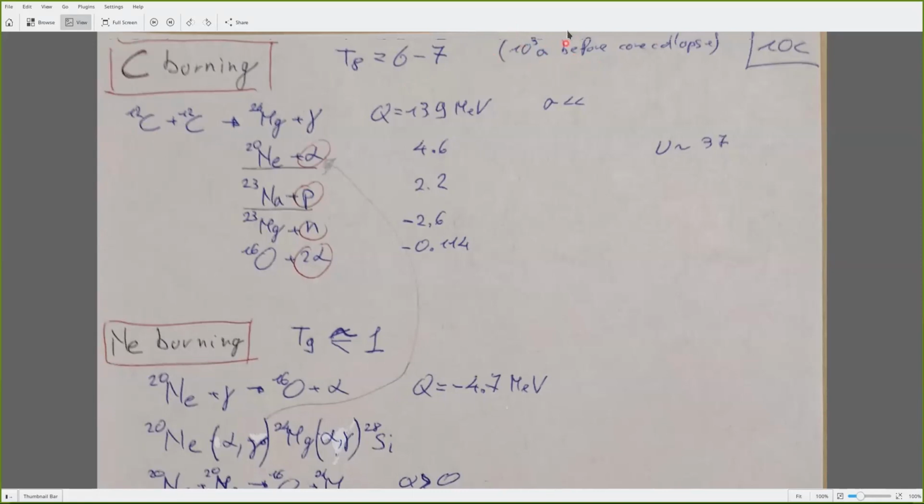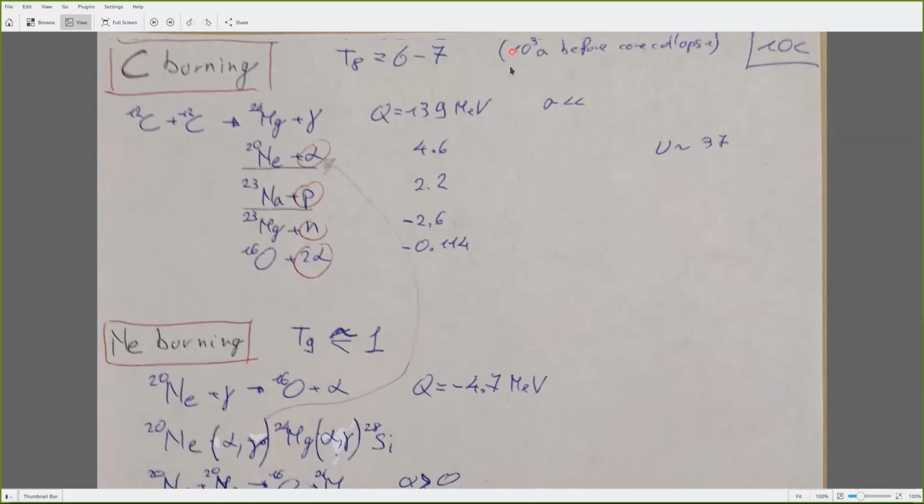And you see, in fact, the carbon burning starts about 1,000 years before the core collapse. When it starts, the end is near. This is for a small star, not for all the stars.